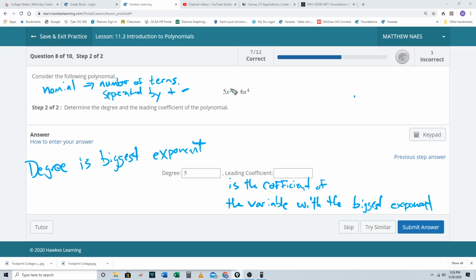We already said that it has the biggest exponent. What's the coefficient? Coefficient is also 5. And that is how you find the coefficient and degree. Degree is biggest exponent. The leading coefficient is the coefficient of the term that has the biggest exponent.